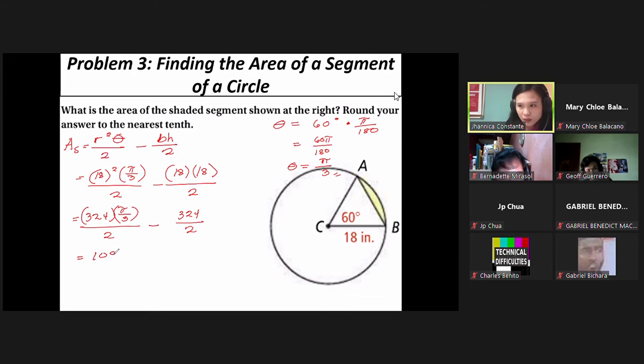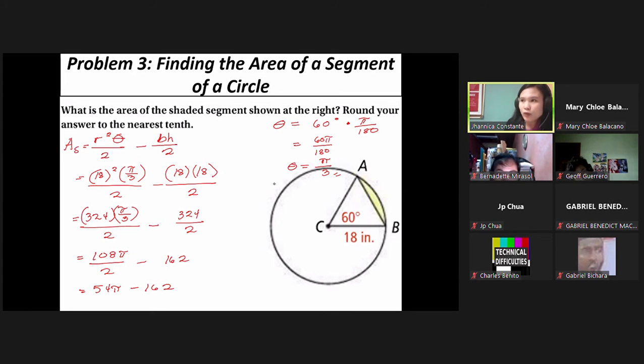So 108 pi radian divided by 2 minus 324 divided by 2, which is equal to 162. So 108 divided by 2 is equal to 54 pi radian minus 162.